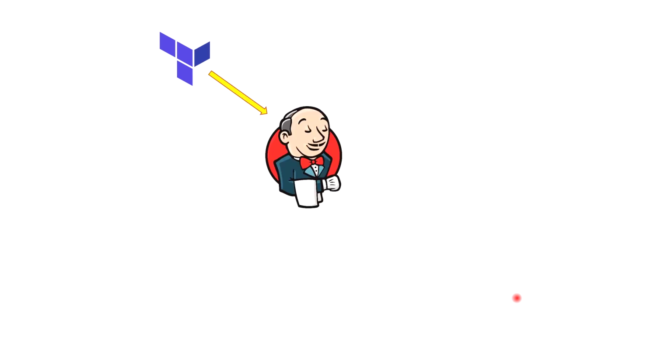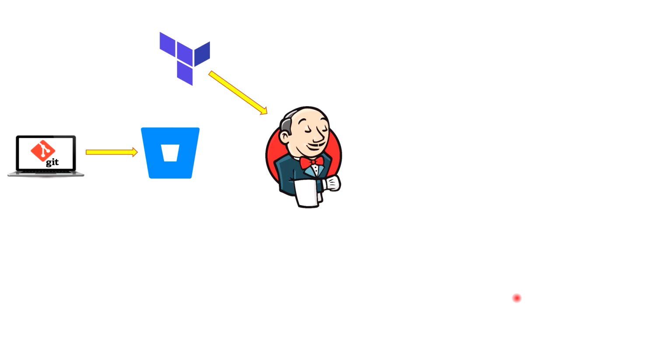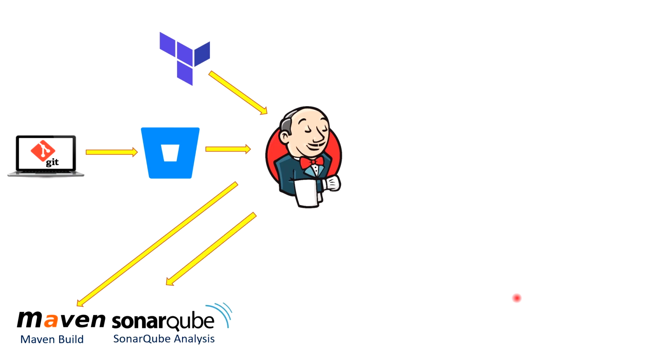In our today's project, first of all we will build the EC2 instance for the Jenkins using Terraform, and then we will build the pipeline using Jenkins, in which if user makes any change on the Bitbucket repository, then that change will trigger the CI/CD pipeline, and then our pipeline will first do the Maven build from the code, and then it will perform the SonarQube analysis of the code.